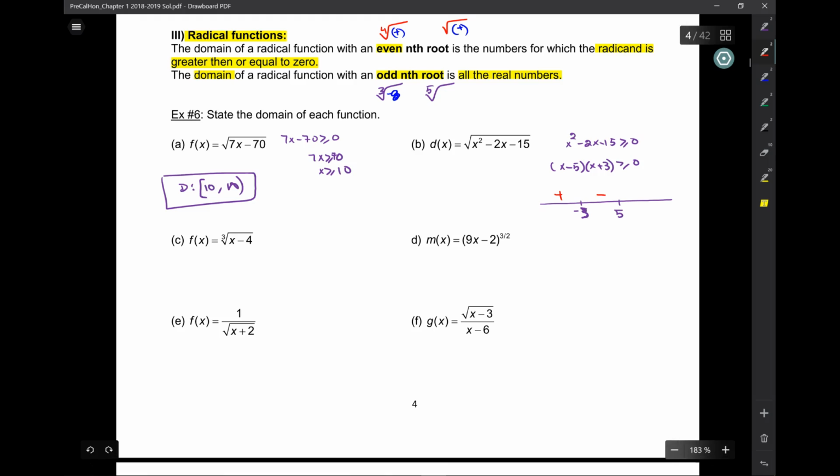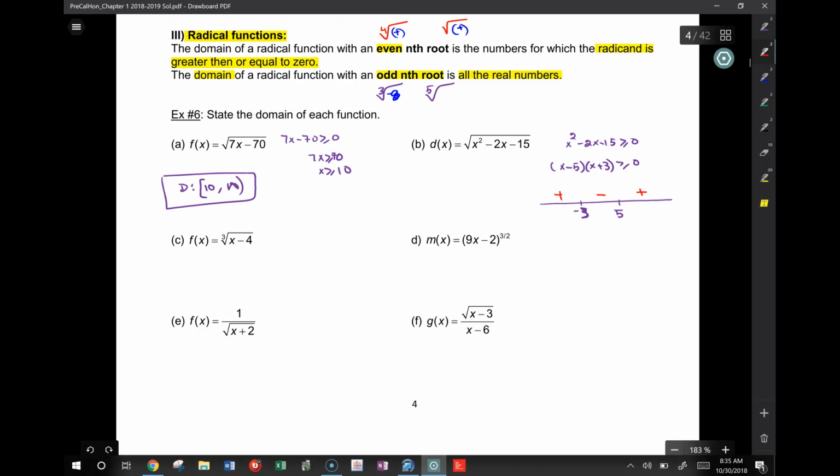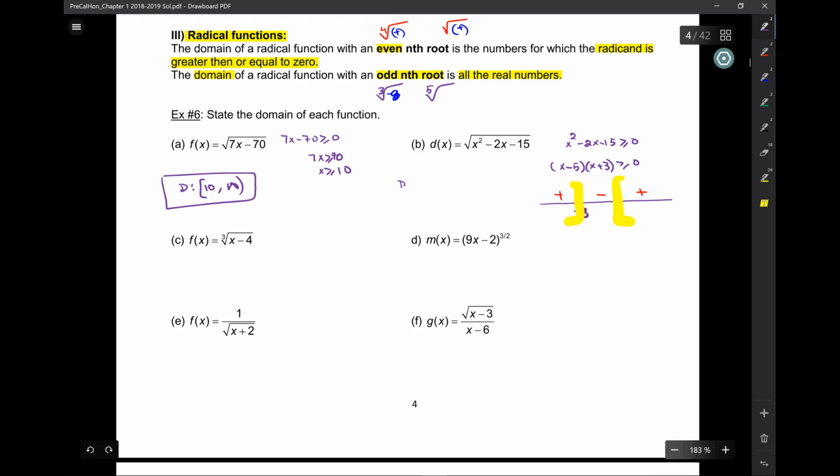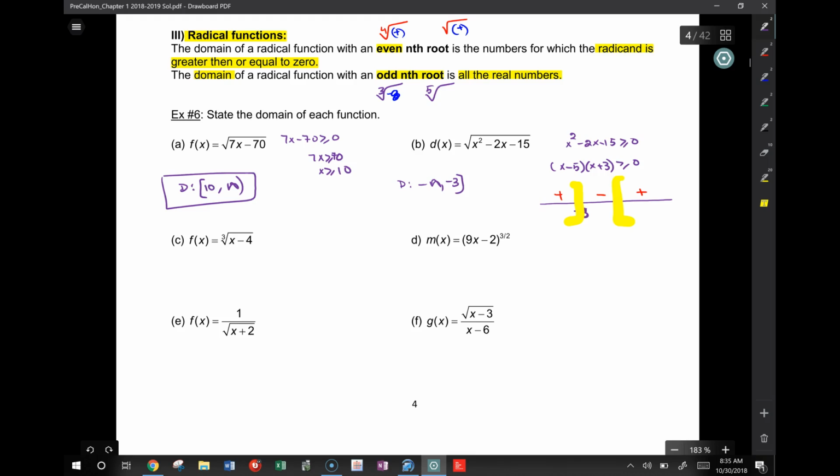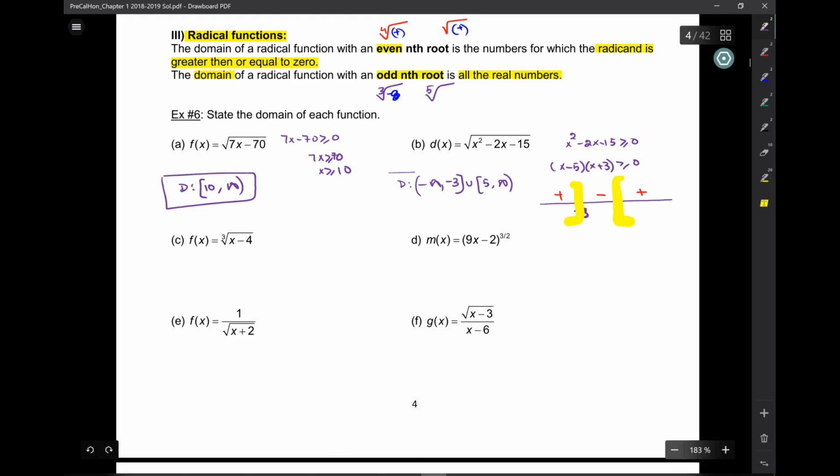If I plug in a number like 10, I get positive, positive, positive. So what is the region which I want? I want all the positives. So I want this region and that region. So the domain will be negative infinity to negative 3, 5 to infinity.